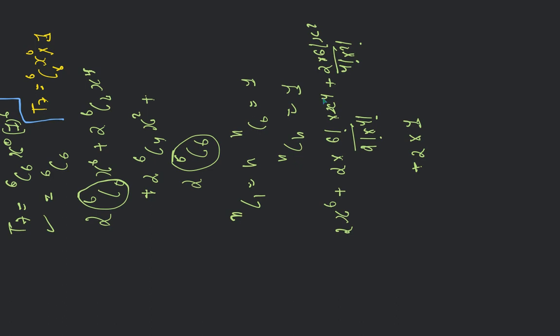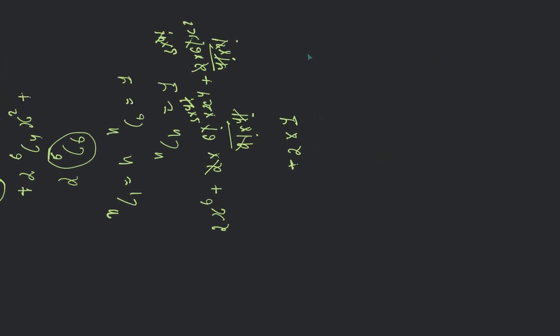We can write this 6 factorial as 6 into 5 into 4 factorial. This 4 factorial will get cancelled out with the other 4 factorial. Again, 6 factorial is nothing but 6 into 5 into 4 factorial, so the 4 factorial will get cancelled out, and 2 factorial is nothing but 2 into 1, so the 2 will get cancelled out.